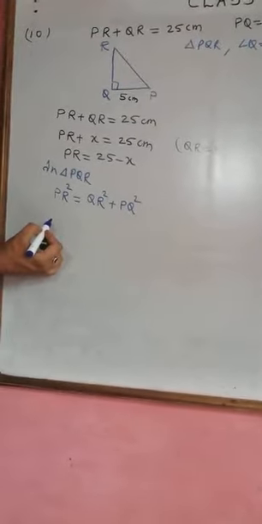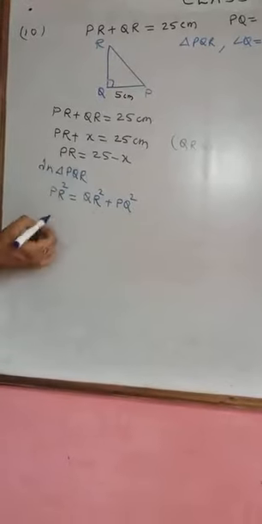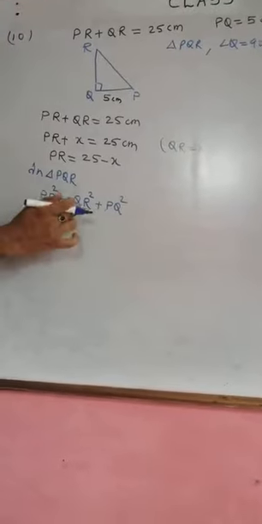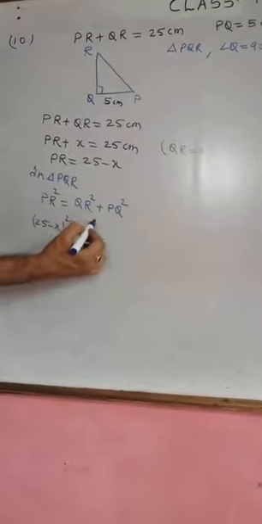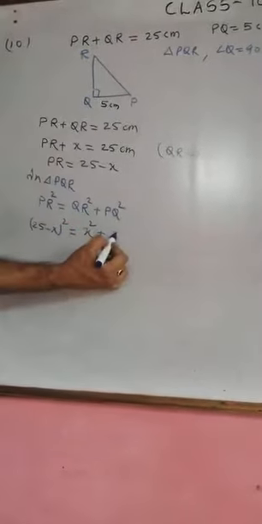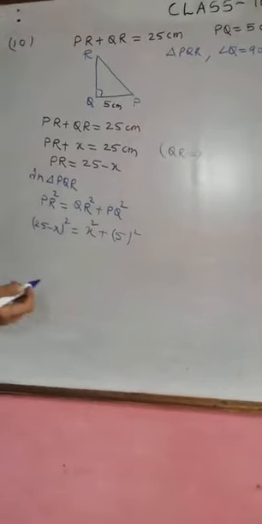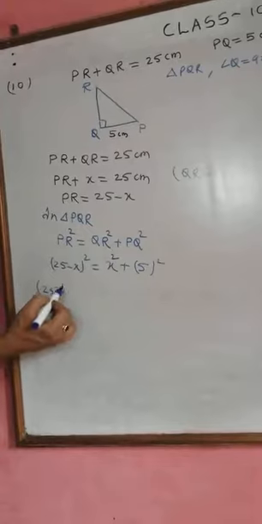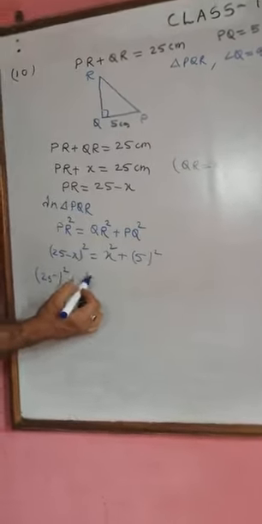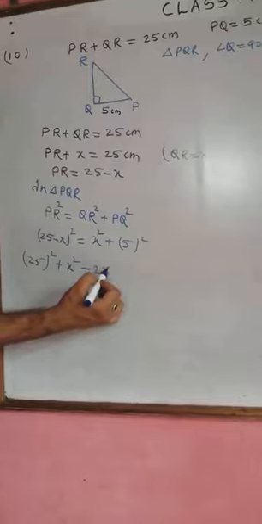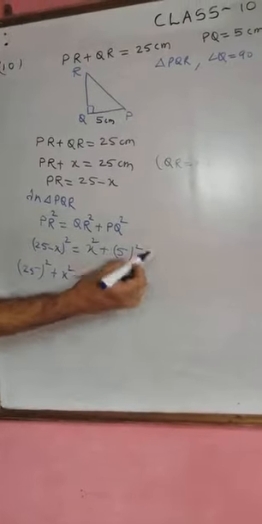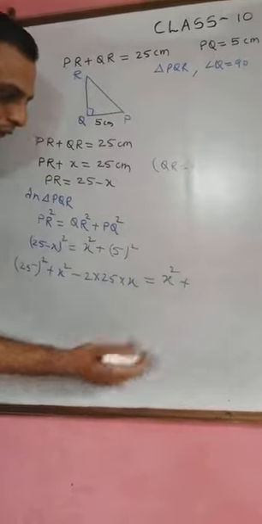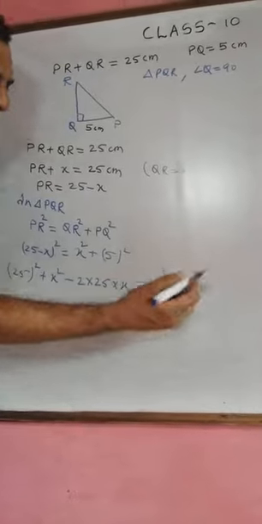PR is 25 minus X whole square, QR is X square, PQ is 5 square. So here you can apply the identity (A minus B) whole square equals A square plus B square minus 2AB.